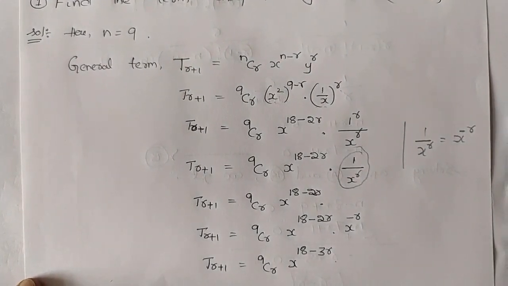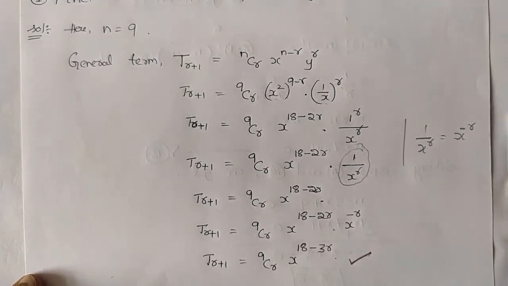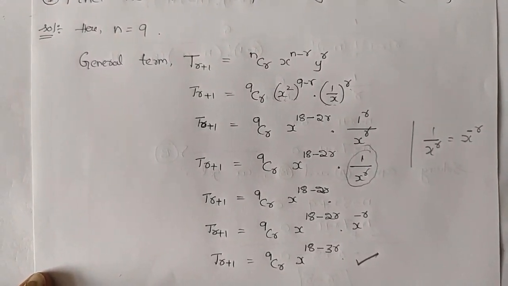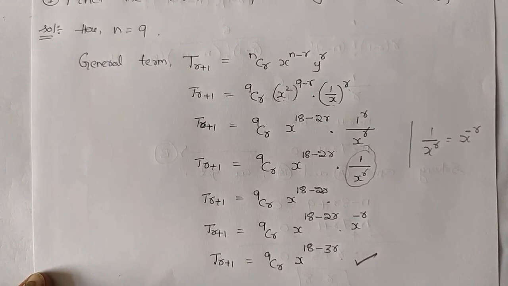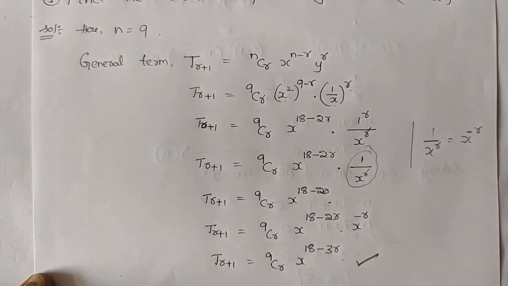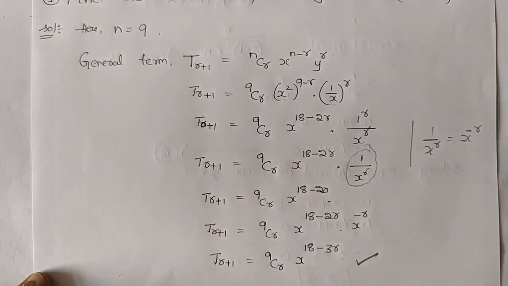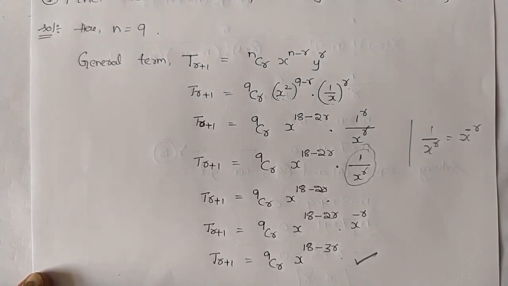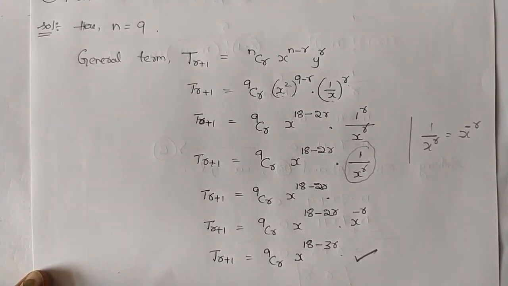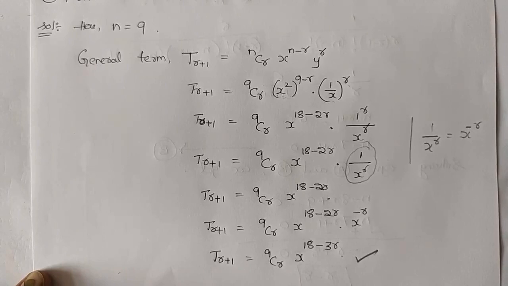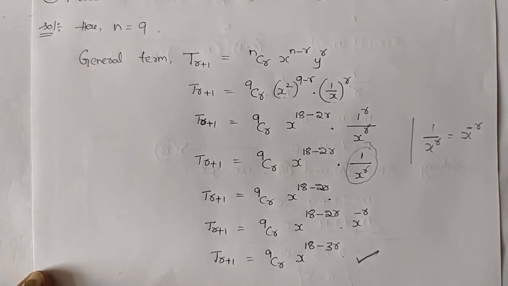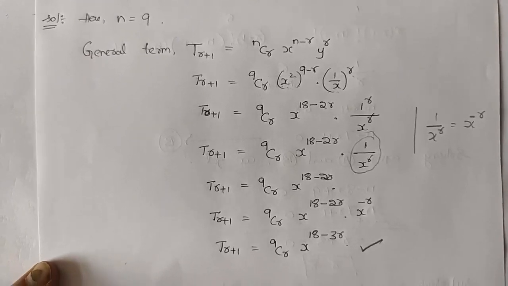We have to stop here itself. It will be the general term. Now we have to find the term independent of x. If the term is independent of x, then what we have to do? We have to equate the x powers equals to 0.